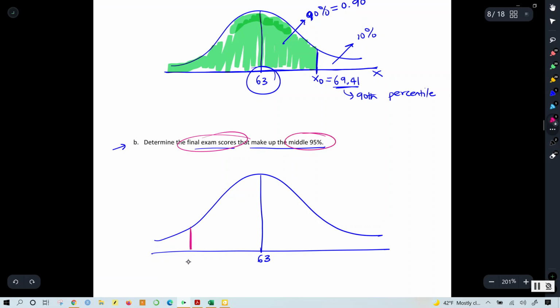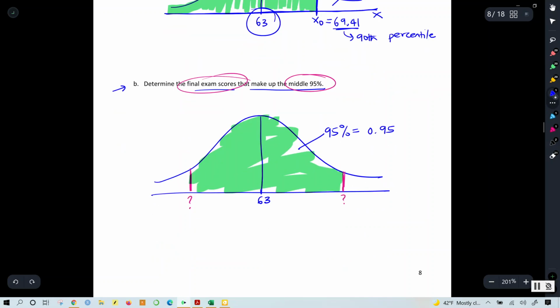So I'm going to pick a point here, which I don't know its true identity, and then the other point here, and the combined size of this shaded region is equal to 95% or 0.95. So locating the actual identities of these two values is very important. So let's begin. I'm going to call this the lower value. I'm going to call this the upper value.